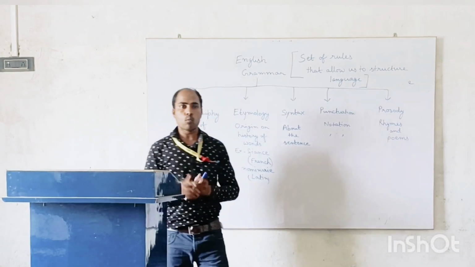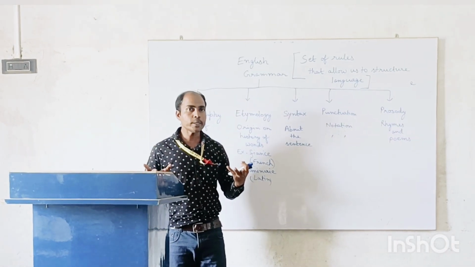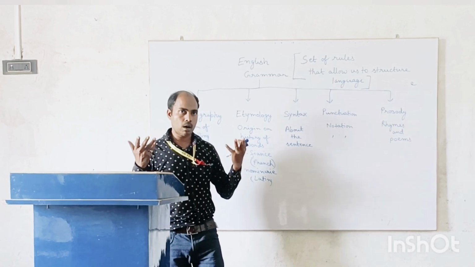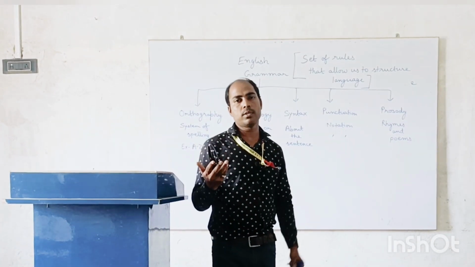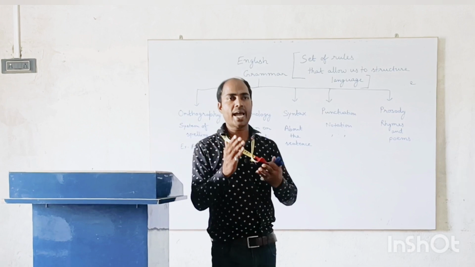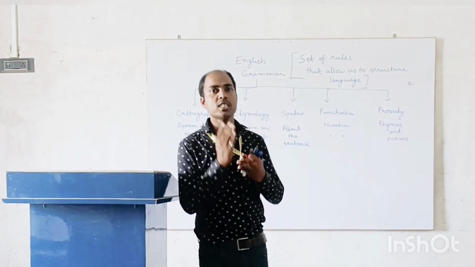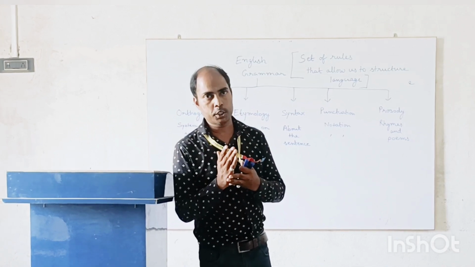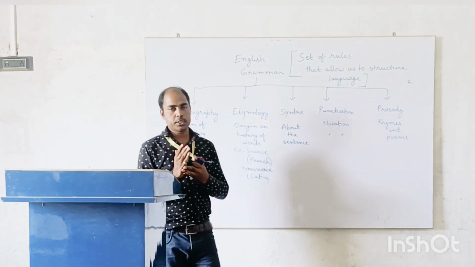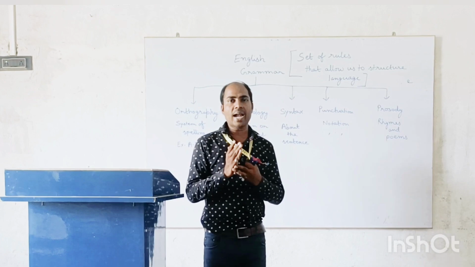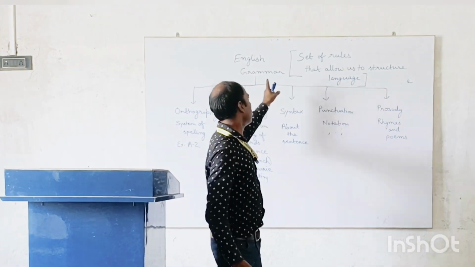For example, why do we use grammar? The answer is we use grammar so that we are able to frame our sentences and speak correct English. That is the basic and sole purpose of grammar.